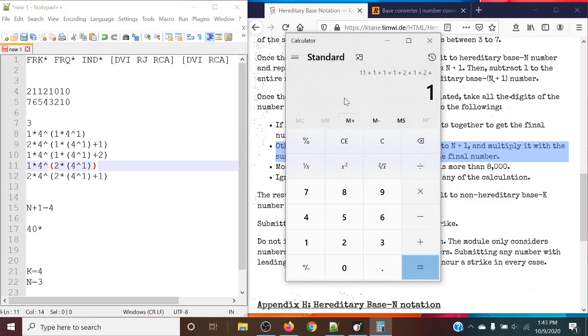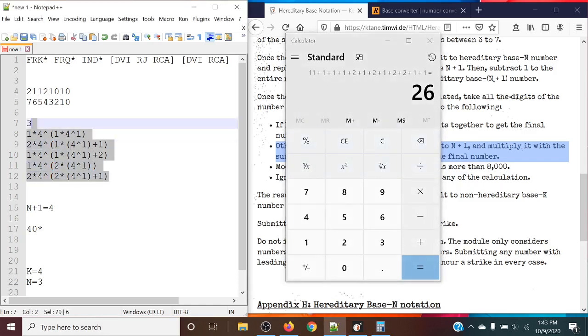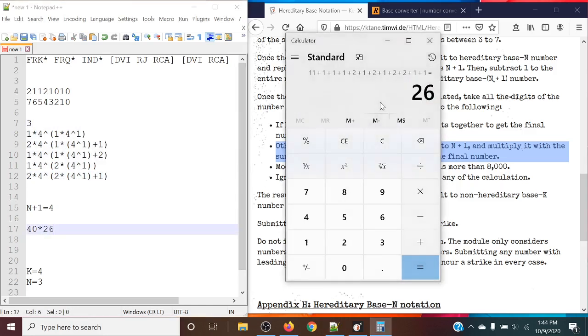And then plus 2 plus 2 plus 1 plus 1. And I'm just going to make sure that I added these up right. But now since we've added all of these up, they equal out to be 26. So 40 times 26 is what we're going to get our answer to be.